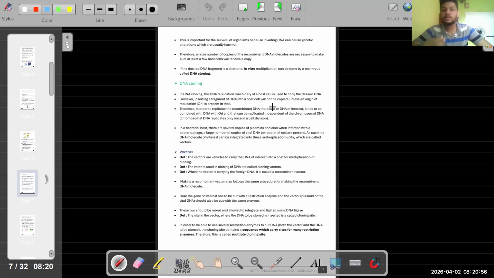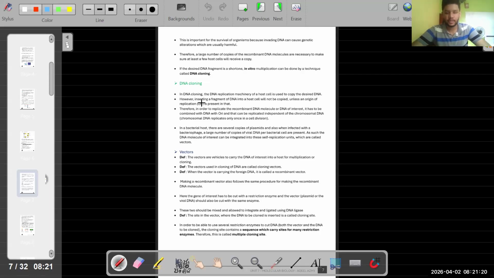First one, it should contain an origin of replication, which means the sequence where replication starts off. To replicate, there should be an origin of replication sequence. Or there should be vectors that are required. Vectors are the vehicles that carry the DNA of interest into the host cell.